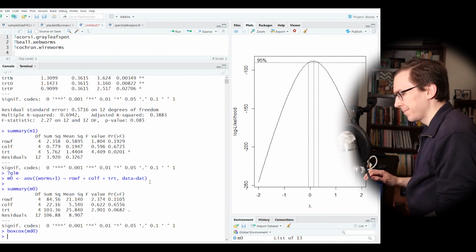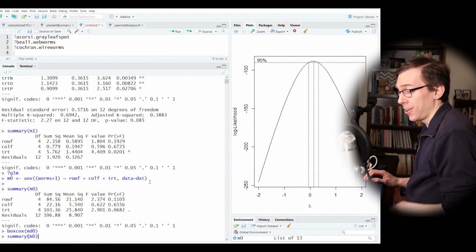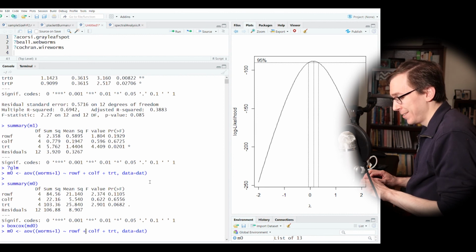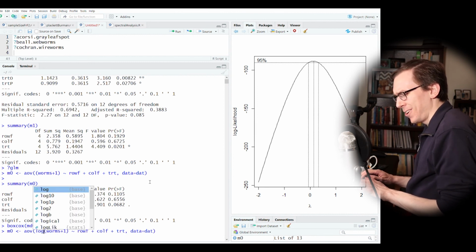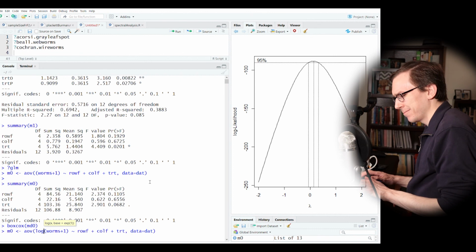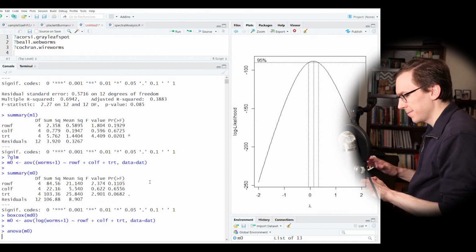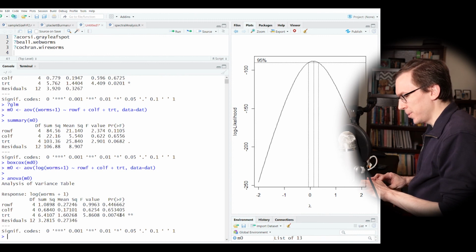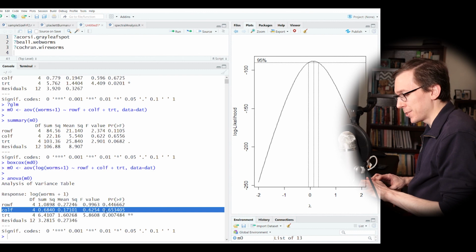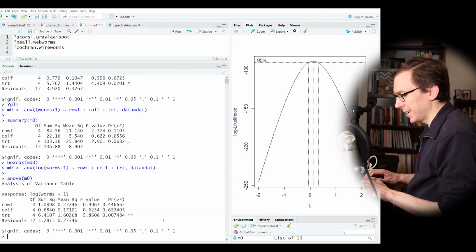But yeah, in this case, it seems to like a log transformation. So maybe what we should do is try a log transformation and see what happens. Cool. Okay, so we get a pretty strongly significant p-value here for the treatment, but we don't see any significance in our row or our column.